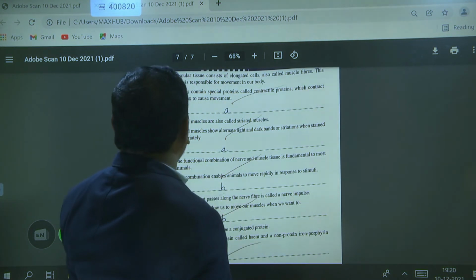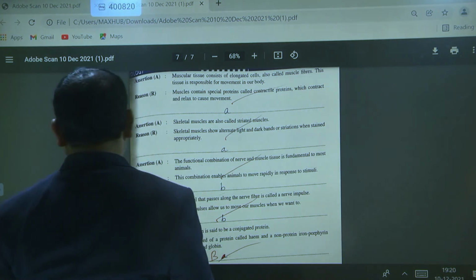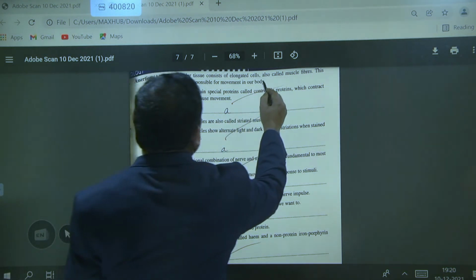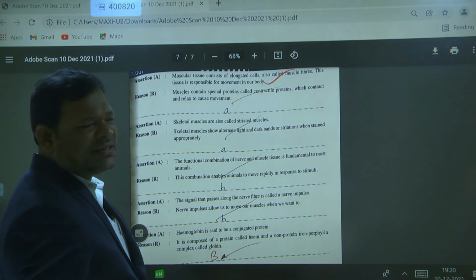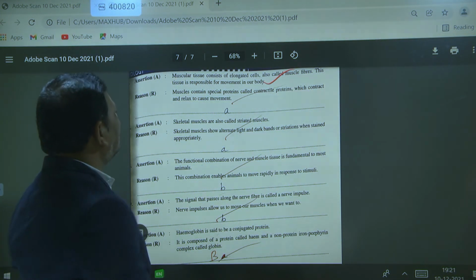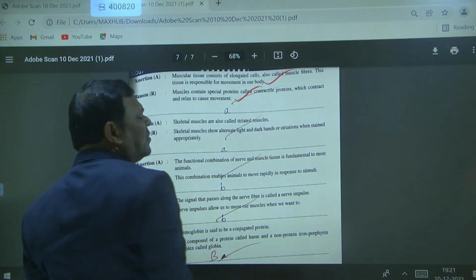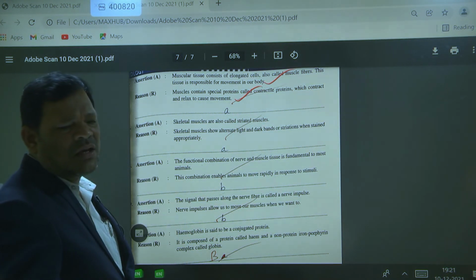Next question, muscular tissue consists of elongated cells also called muscle fibers. This tissue is responsible for movement in our body. This is true. Muscles contain a special protein called contractile protein which contracts and relaxes, causing movement. This is also correct.